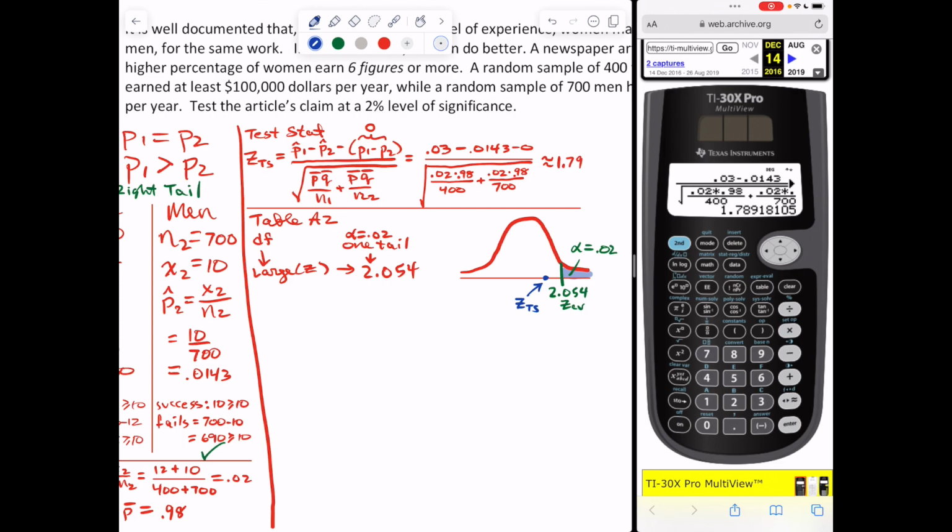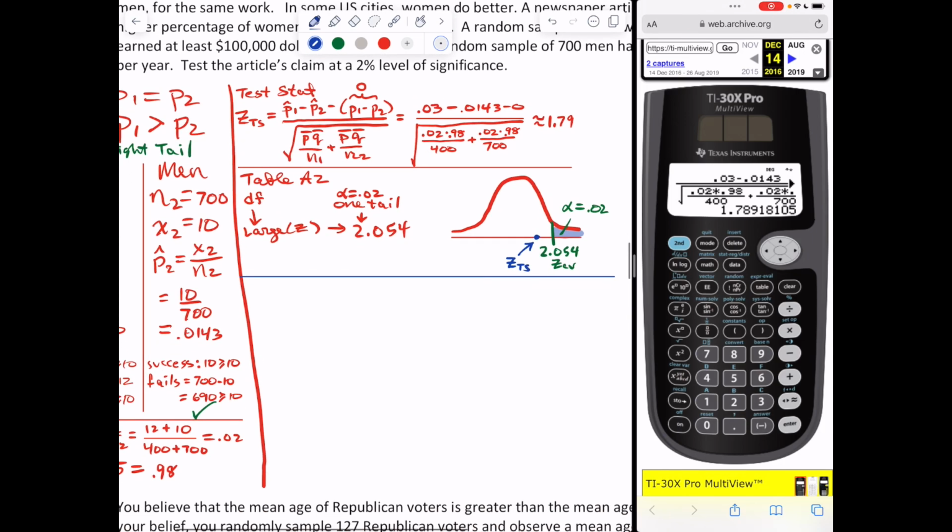Okay, so the next thing is we're going to need a p-value. So here we go. We're going to go to the probability table for the normal distribution, which is table A1. And we're going to look up our test statistic, which was 1.79.